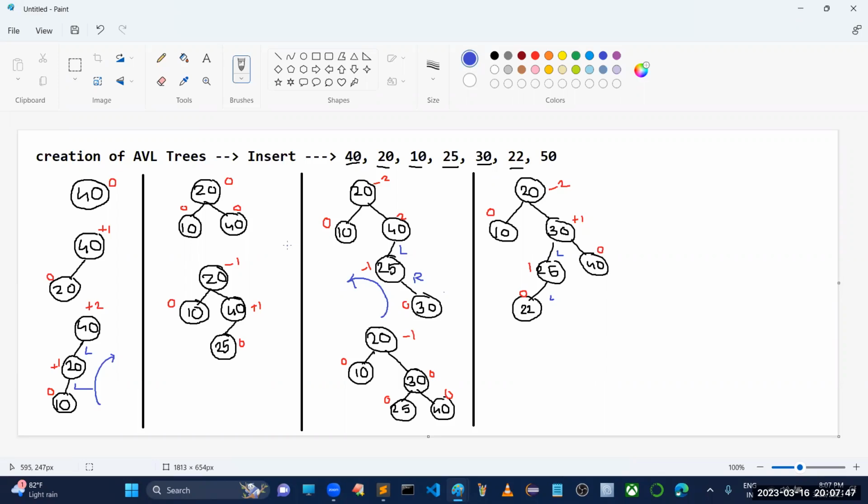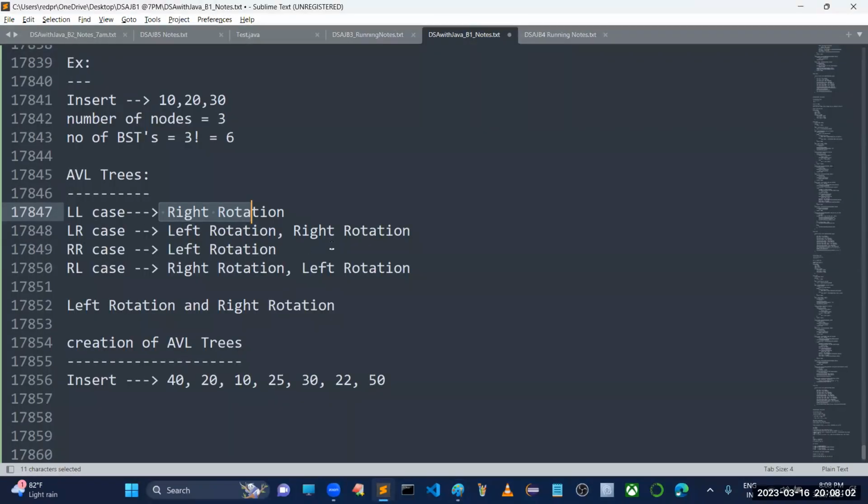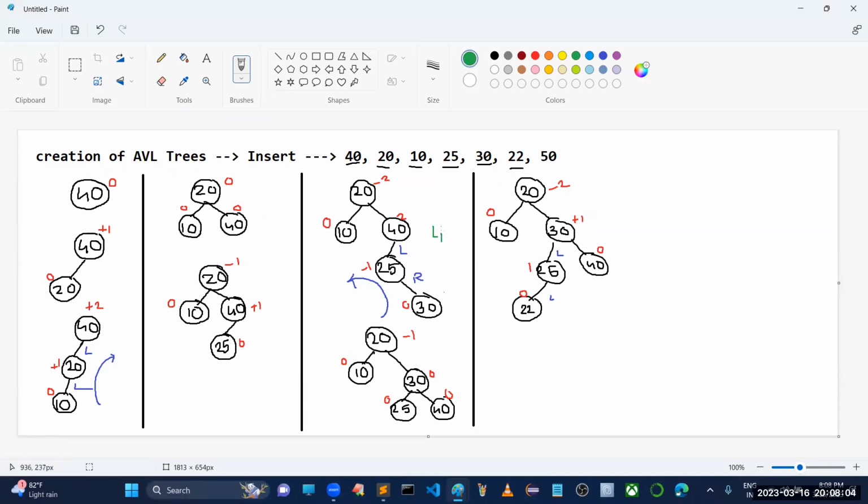Sir, we have made a small mistake here. What is that mistake? I'm writing in green color. See here. This is an LR problem we got, right? LR means what? Left rotation we have to do, and then right rotation we have to do.